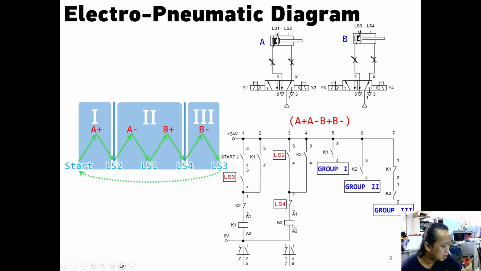This is from the relay. This is the relay, and this is the contact of relay 1, K1. For the make contact like this, we will use LS2, and for this closed contact, the break contact, we will use LS1.